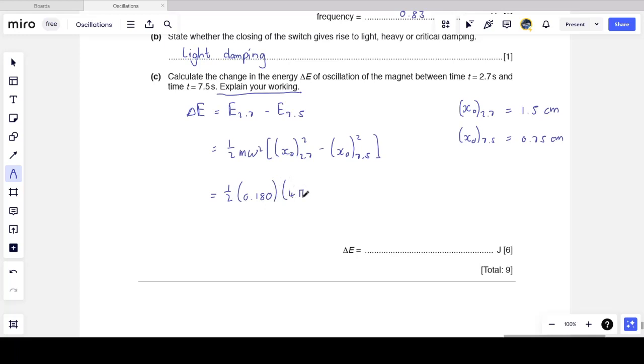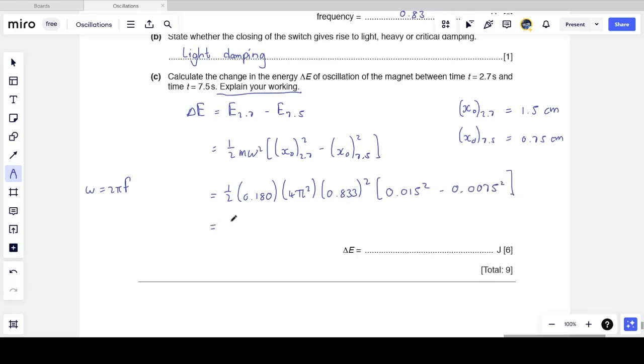And so this is a half times the mass, which they told us is 0.18 kilograms. I don't know omega, but I do know the frequency, and omega is 2 pi f. So omega squared is 4 pi squared times the frequency squared, 0.833 squared, times, now I'm going to convert the centimeters into meters, 0.015 meters squared minus 0.0075 meters squared.